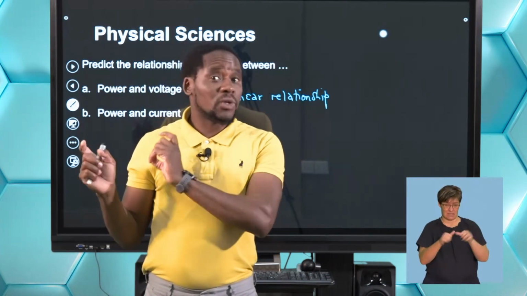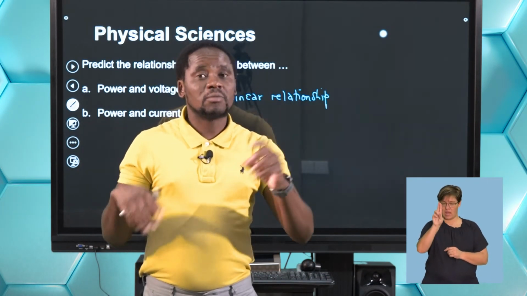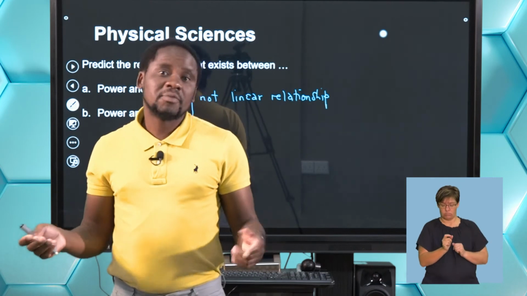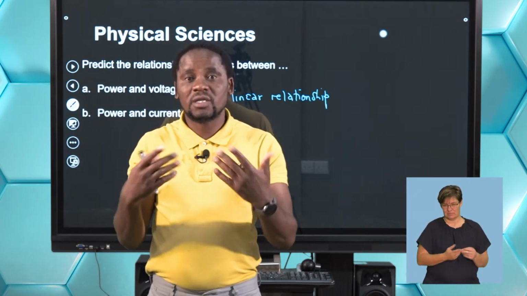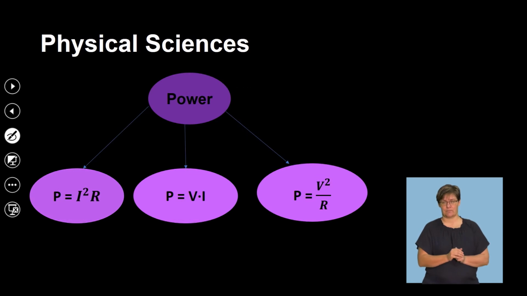So the moment we say current squared, voltage squared, the proportion doesn't remain the same. It becomes a curve of some sort, as we have shown earlier on. That's basically how we put an understanding behind the three formulae that we use to determine the power of a device.